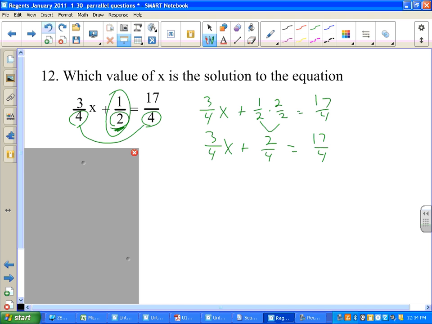But now I am going to change it. What I'm going to do is I'm going to multiply the left-hand side by 4. And I'm going to multiply the right-hand side by 4. I could multiply it by 4/1.